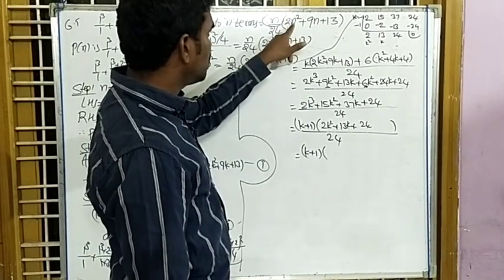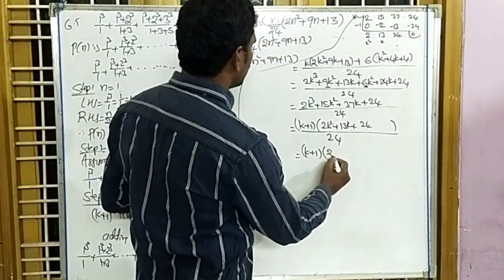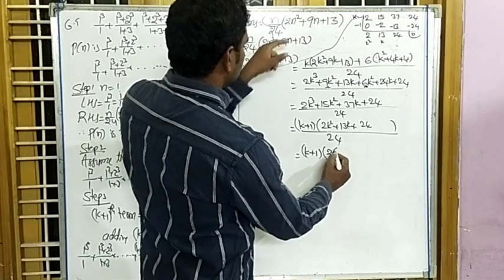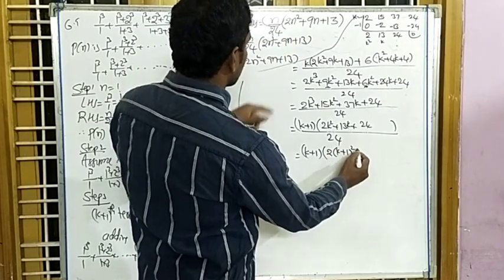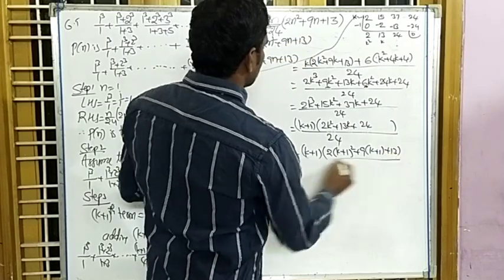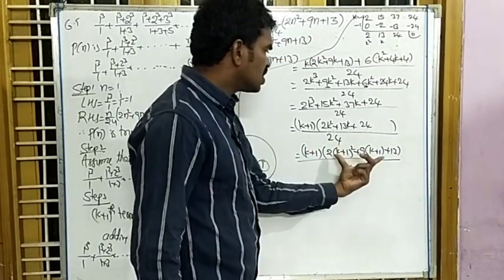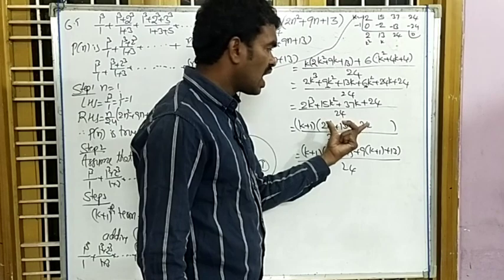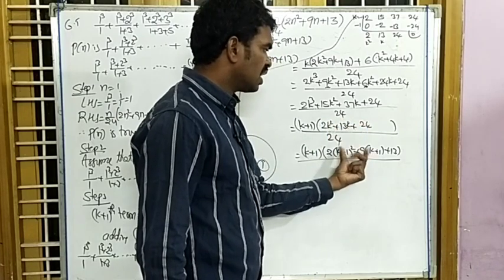Next, what do we get? 2 into (k plus 1) square is required. So 2 into (k plus 1) whole square plus 9 into (k plus 1) plus 13. Whether it's right or wrong, you just simplify this, you will get this. So directly using this I have written this one.